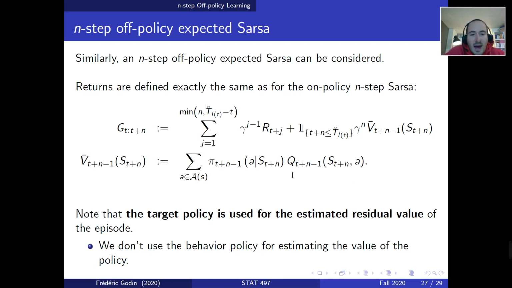So you would only have the q function at state S_{t+n} and the greedy action in that state. Okay, so if you consider a fully greedy policy for the target policy, this would contain a single term here, which would be the action value function for the greedy action at time t plus n.